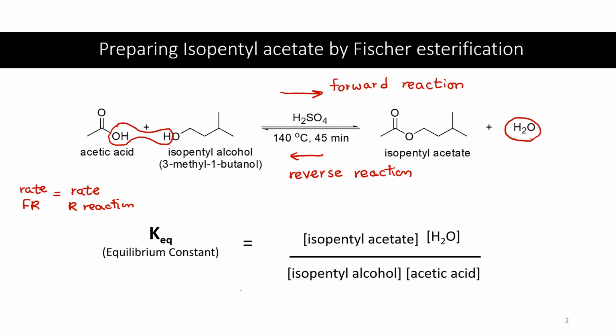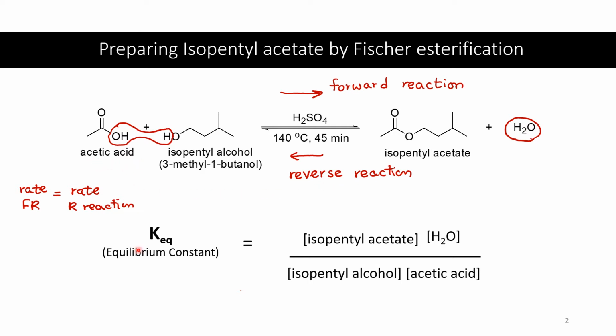That is, when you look at it from the outside, it appears like there is no net change in the concentrations of these products or the reagents, because the reagents are combining to form the products at the same rate the products are breaking down into the reagents.